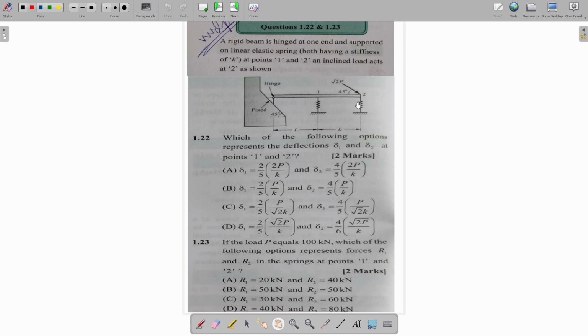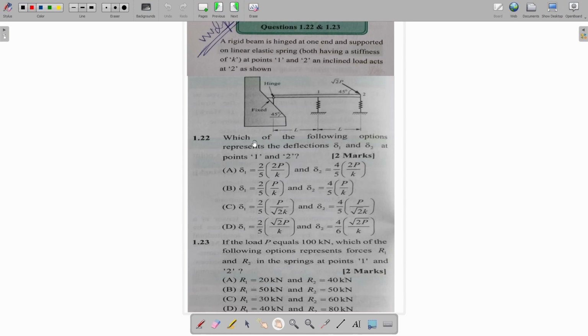Spring 1, spring 2. Now, at point 2, an inclined load root over of P is acting. The inclination is at 45 degrees.